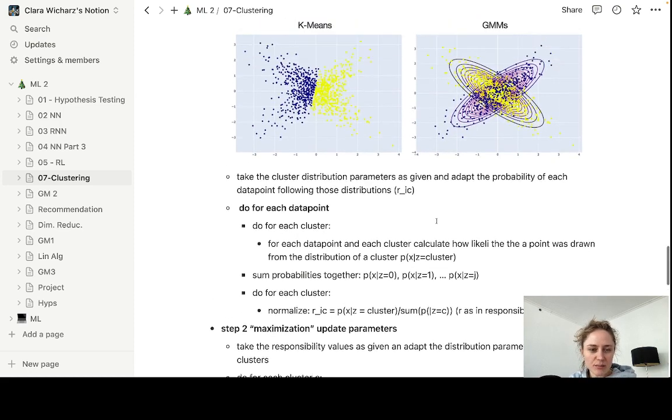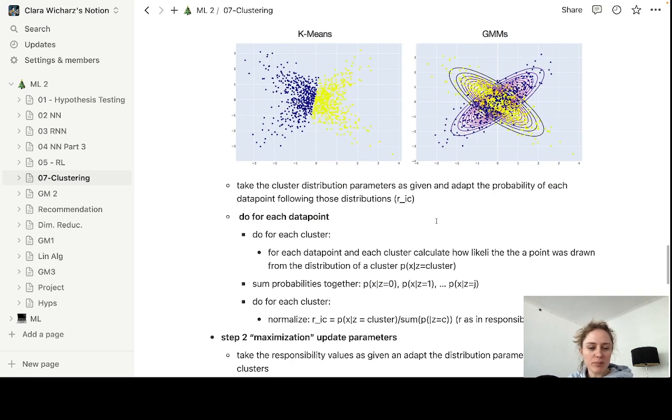So in the second step, we now update. In the very beginning, we initialized our distribution parameters mu and covariance matrix. Then we had the expectation where we fixed the cluster parameters and asked how likely my data points are coming from one cluster or the other. Now in the second step, we fix the data point assignments, the probability assignments.